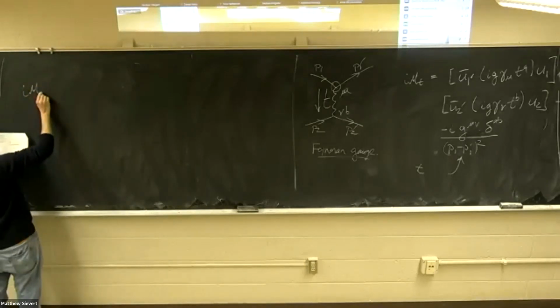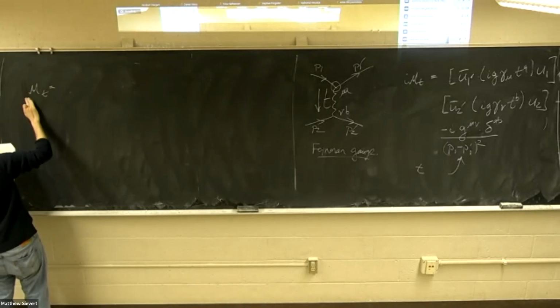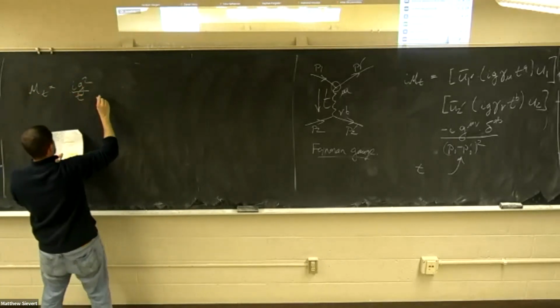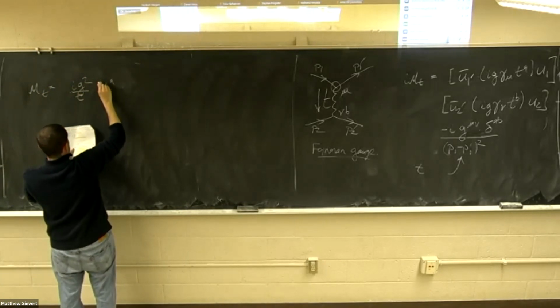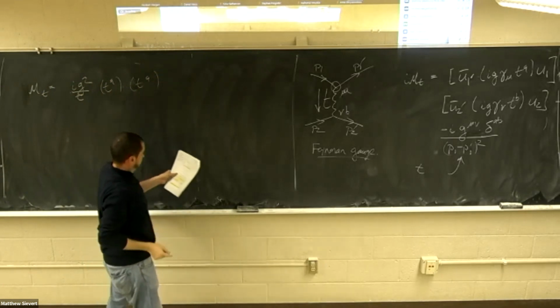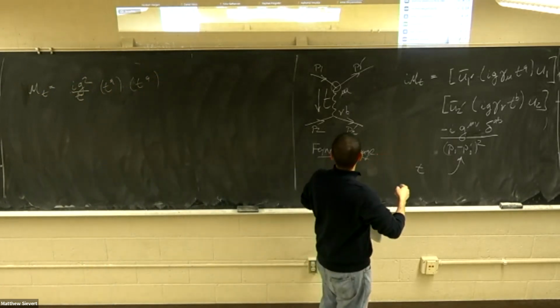So when I put everything together, my scattering amplitude is, if I move the i to the other side, i g squared divided by t. I have two color matrices, T^A and another T^A. Maybe I should be careful here about what colors go in.